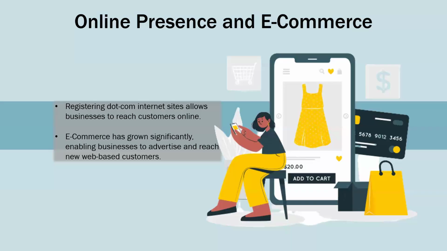Registering.com says internet sites allow businesses to reach customers online. So the internet is now allowing businesses to reach people that they could never reach in real life, right? E-commerce has grown significantly, enabling businesses to advertise and reach new web-based customers.